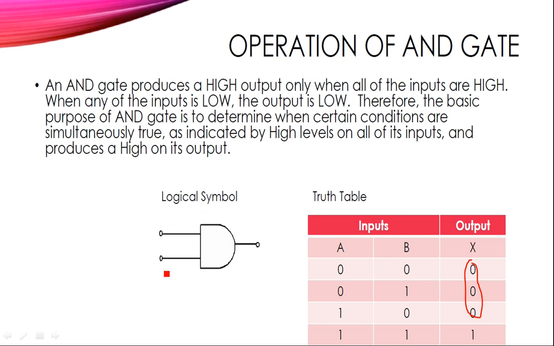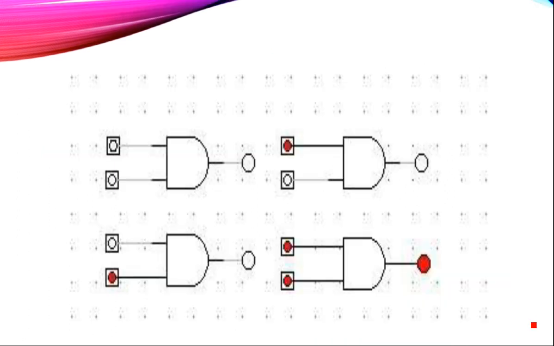So this is the logical symbol of the AND gate. Here A and B are the inputs and X is the output. And these are the simulation results of the AND gate. Here red color indicates the logic high signal or logic 1.